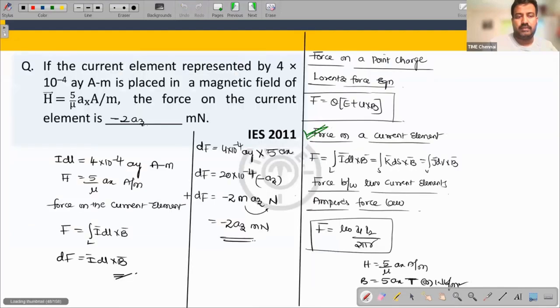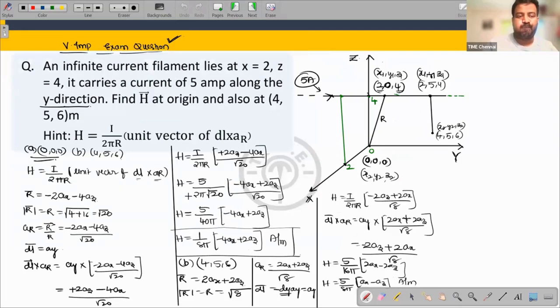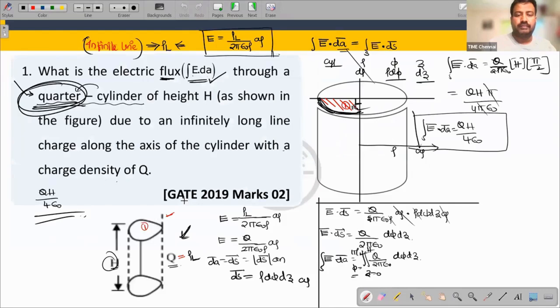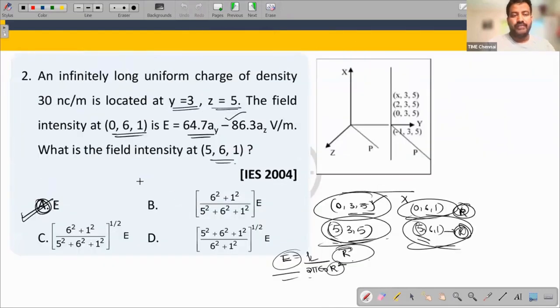One second. Yeah, we solve this by Biot-Savart law. So that's the logic here. Important model. If you solve it, you will waste time. You must do it without solving.